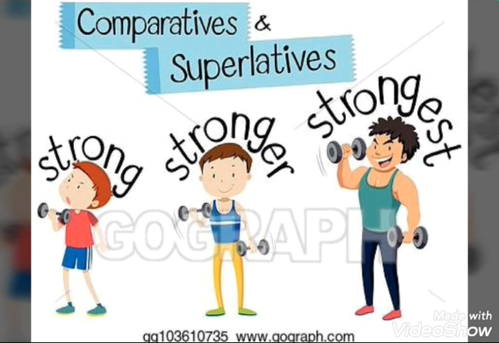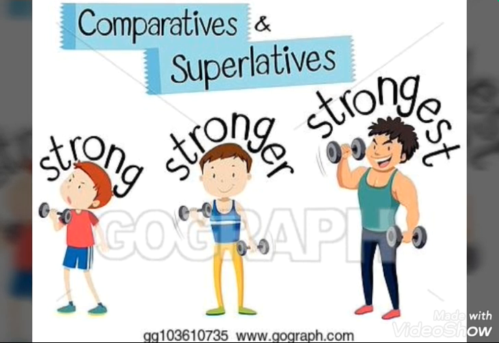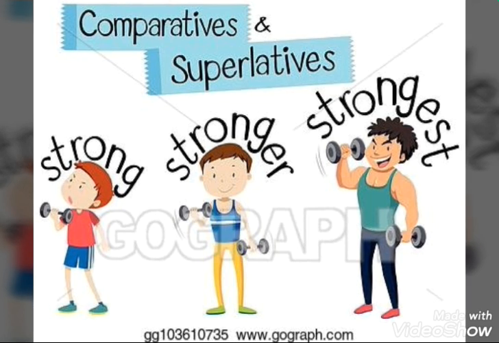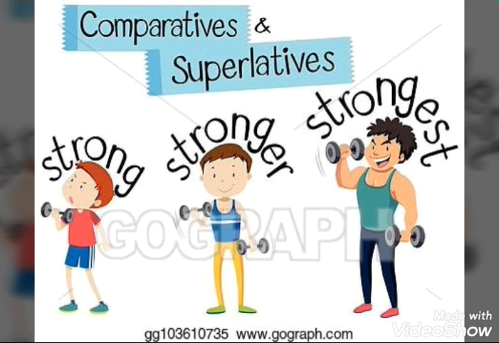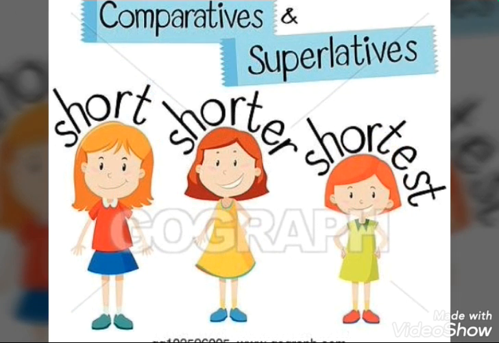Don't forget that. So we have strong, stronger, the strongest. The first boy is strong. The second boy is stronger than the first one. And the last one is the strongest.